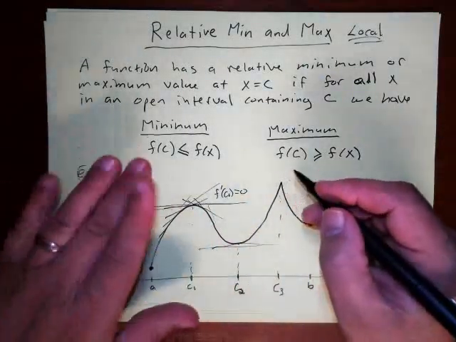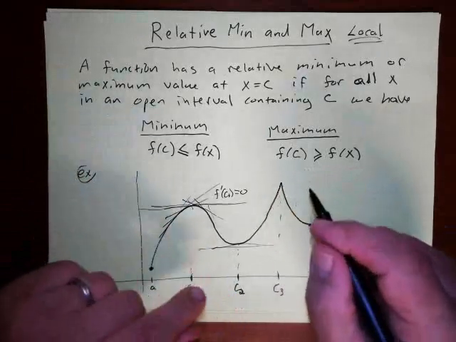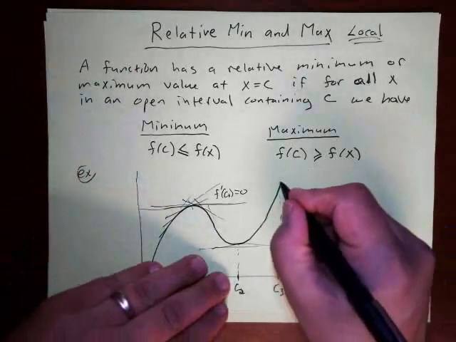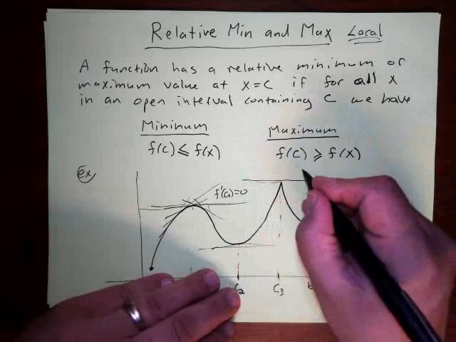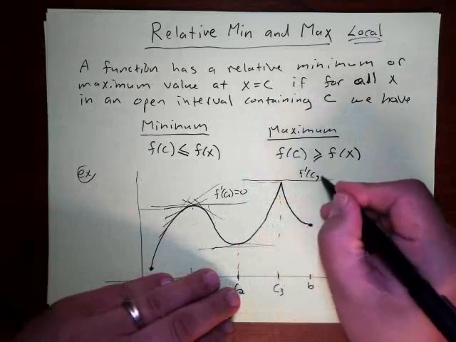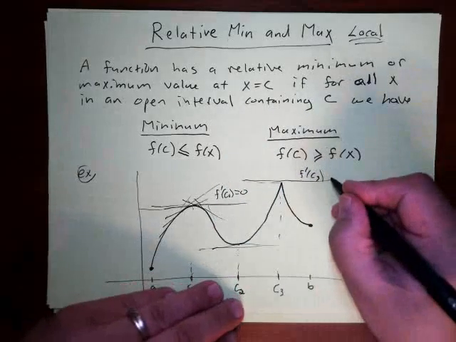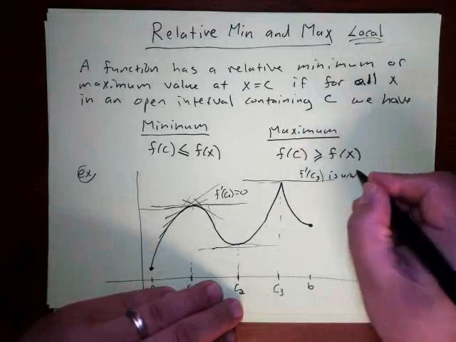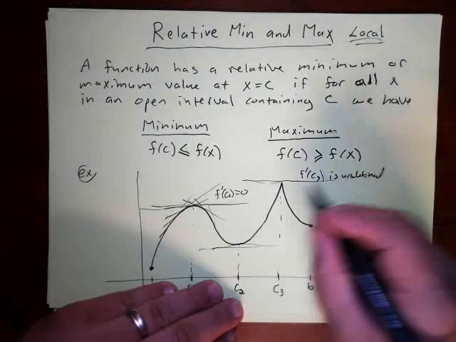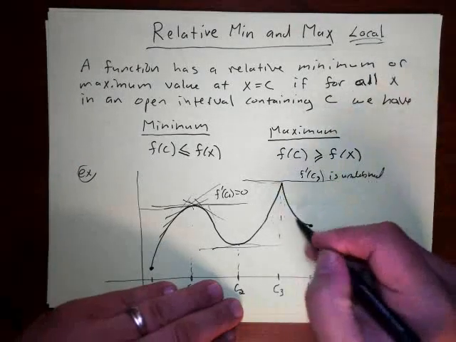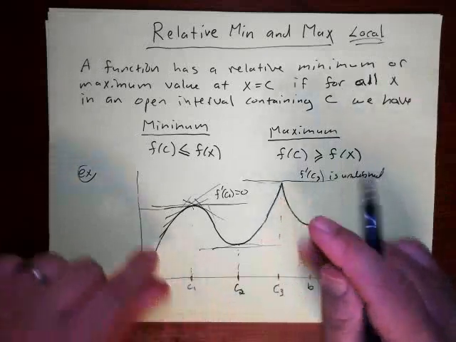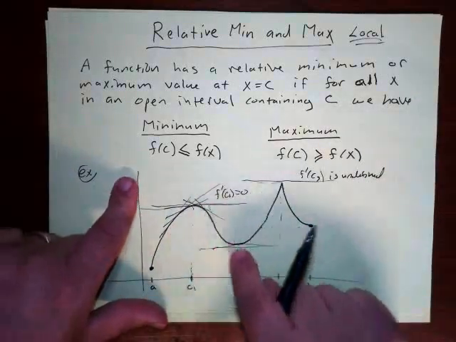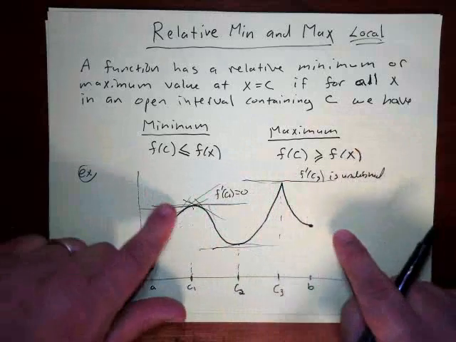But also, and this is why I was stalling over there, it doesn't have to be that the derivative is 0. It could also be, at this point, f of c3. This derivative is not 0, but it is undefined. And when it's undefined, it can make a turnaround as well. Okay? So either you get a smooth turnaround or a sharp turnaround.